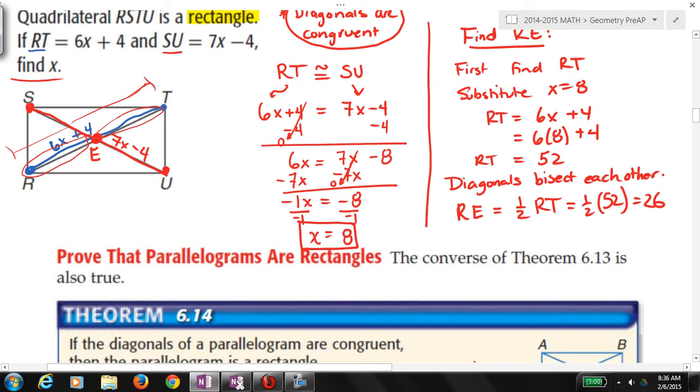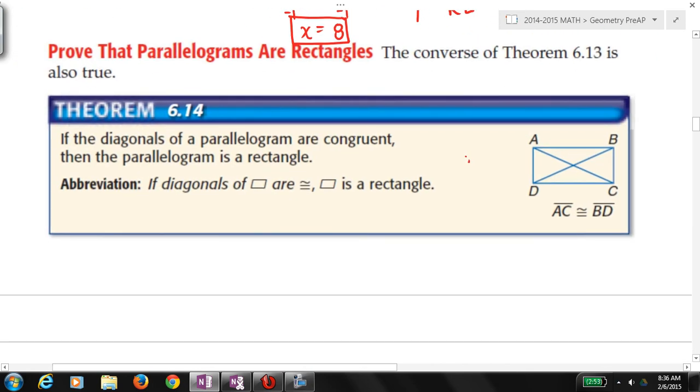Alright, the last thing, if you look at the notes, is proving that parallelograms are rectangles. And if you look at the definition, it said, if you see right angles, then we know it is a rectangle.